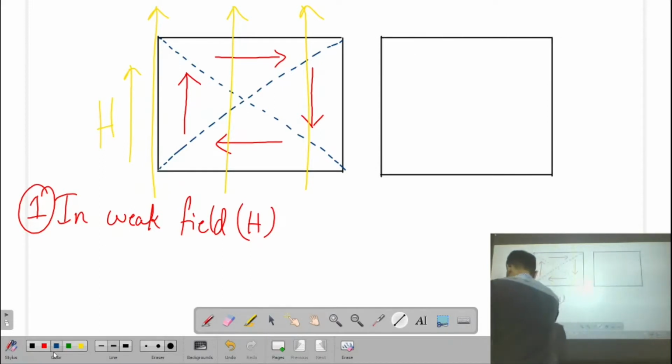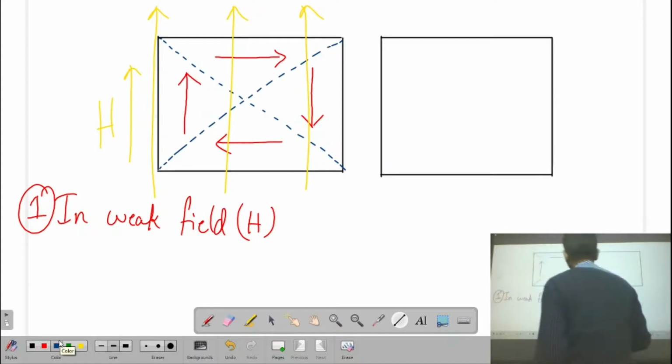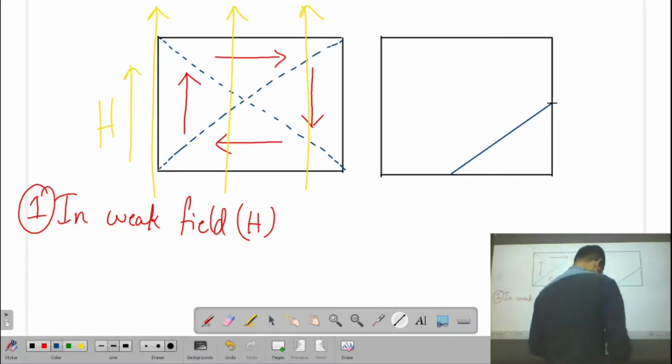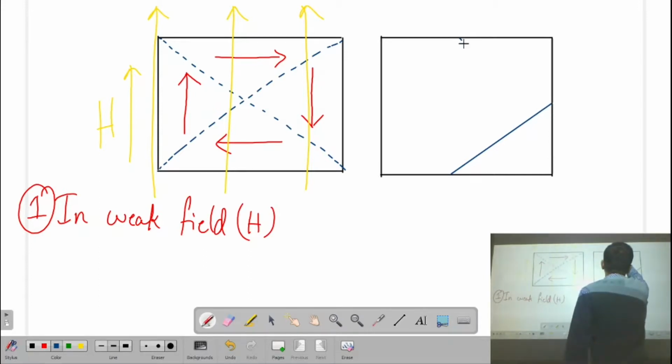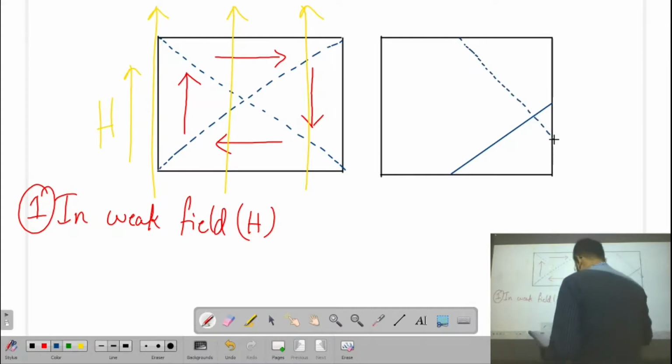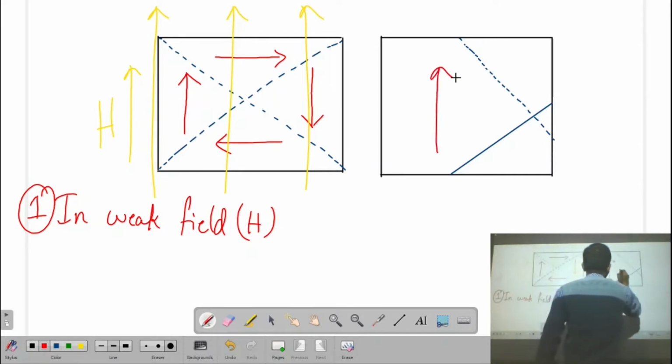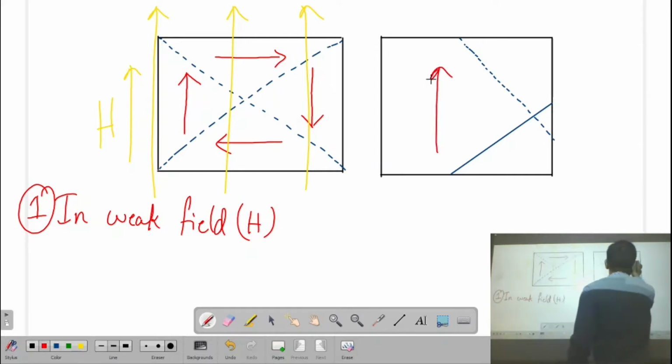Let us see the picture of how it will look. What happened is this domain is the bigger one, this is the smaller one, this is much smaller, this is much smaller.